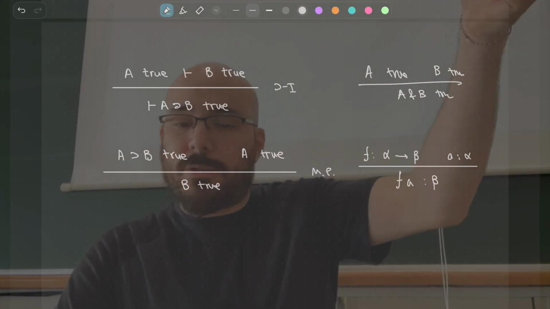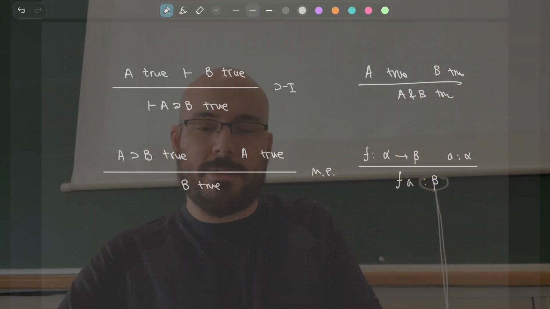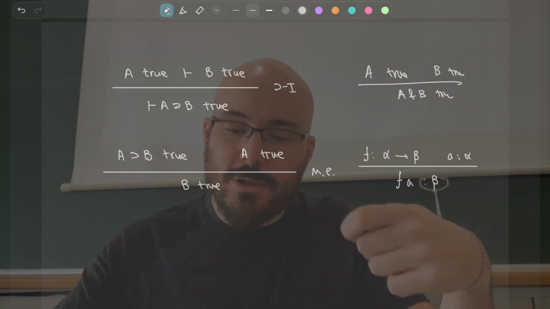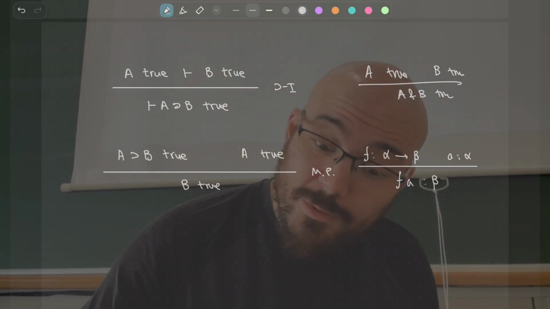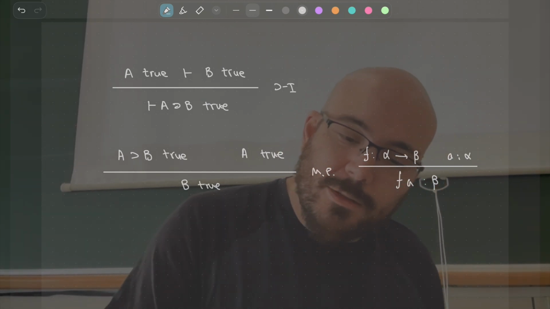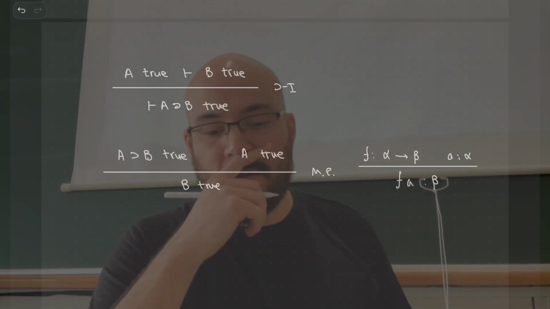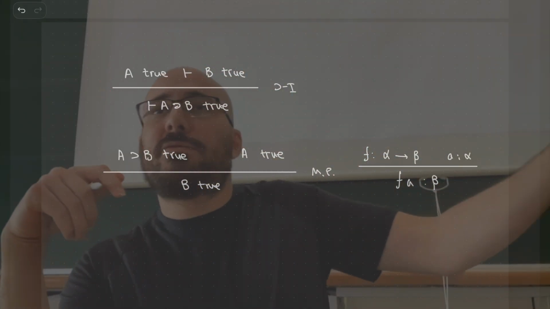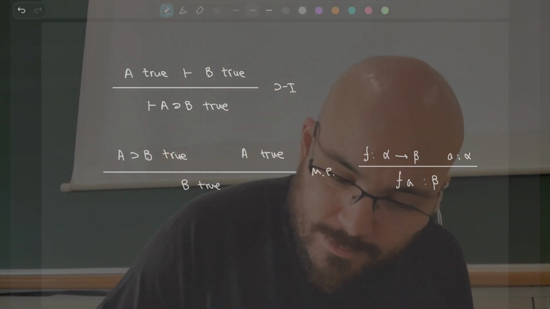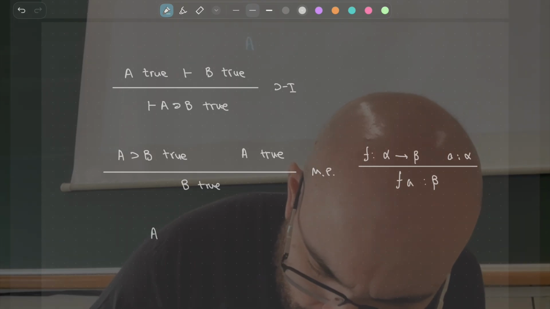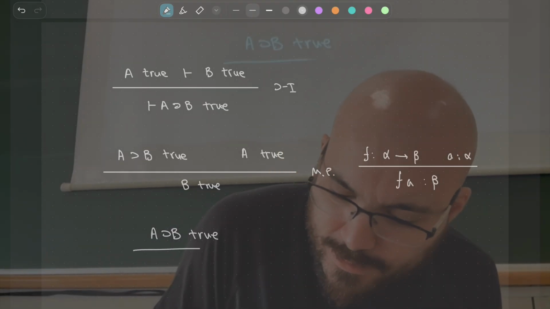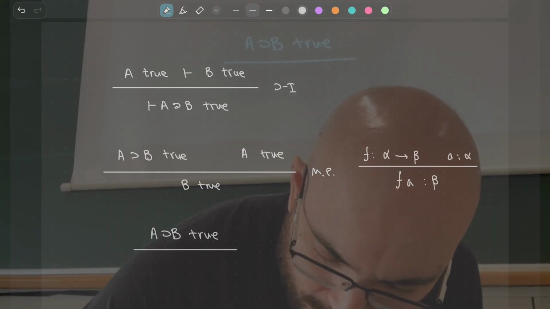So when I want to use the conjunction, I should be able to extract this information. This is the idea that guides you in figuring out what the logic rules should be. But if you see it like that for implication, what is the information that got in from here to there? It's that I have a proof from A to B, right? So if you give me that, I should be able to get out of this the fact that from A I can prove B.